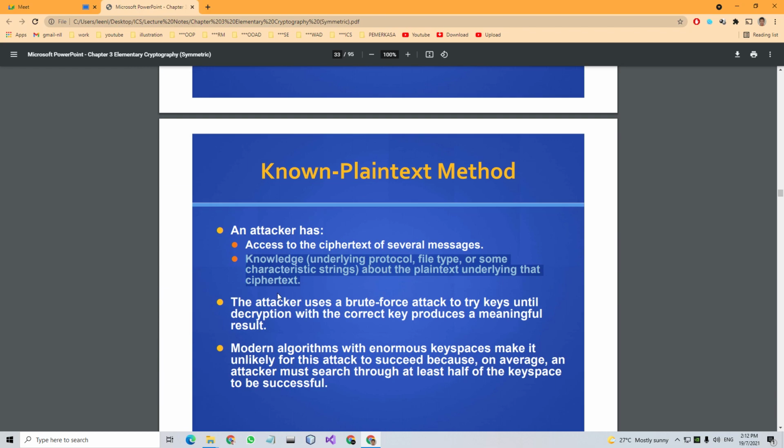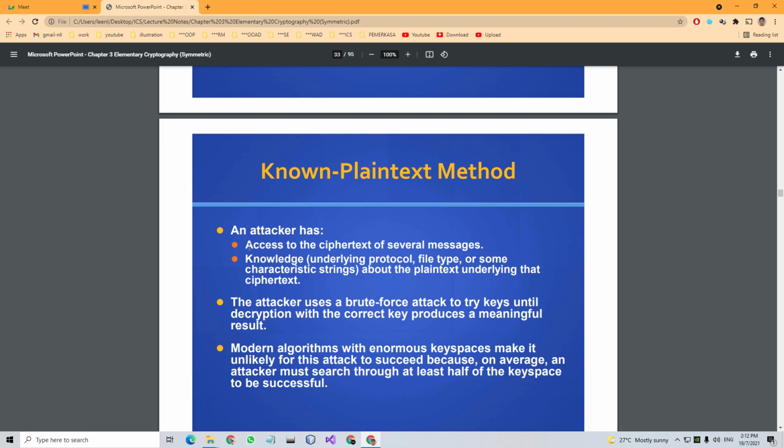Any questions on these two slides? What about Farrell and Kelvin? No question.